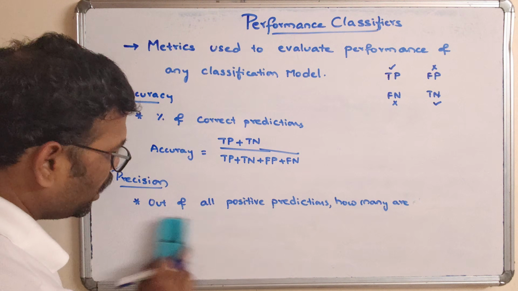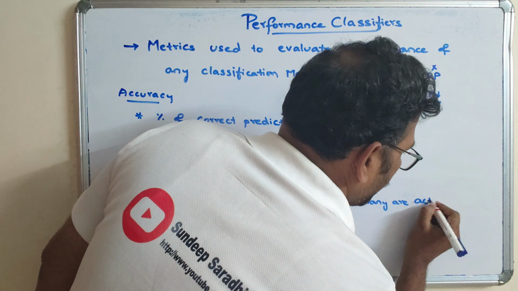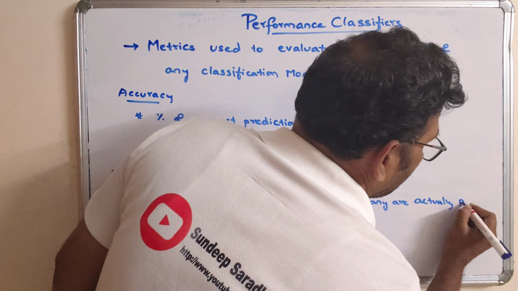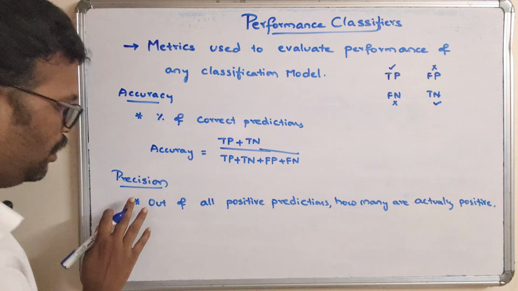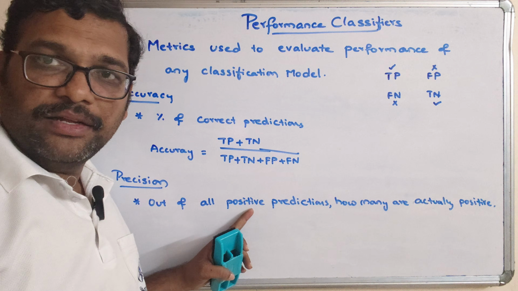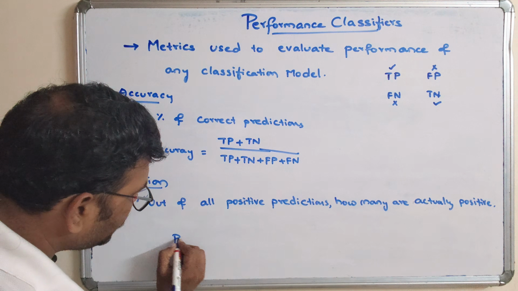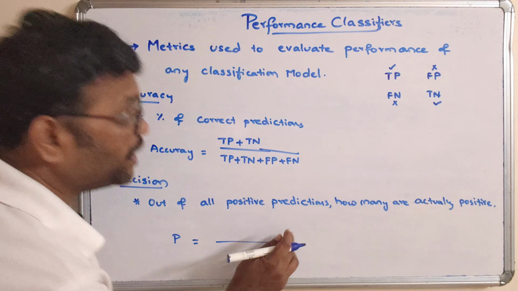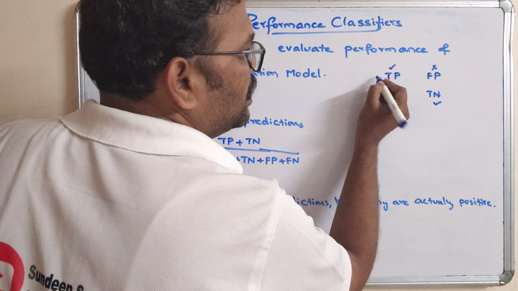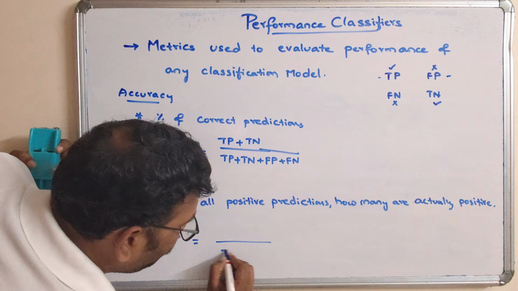Sorry, how many are actually positive? So out of all positive predictions, that means, see, a precision P is equal to how many among all positive predictions. What are the positive predictions? TP and FP.